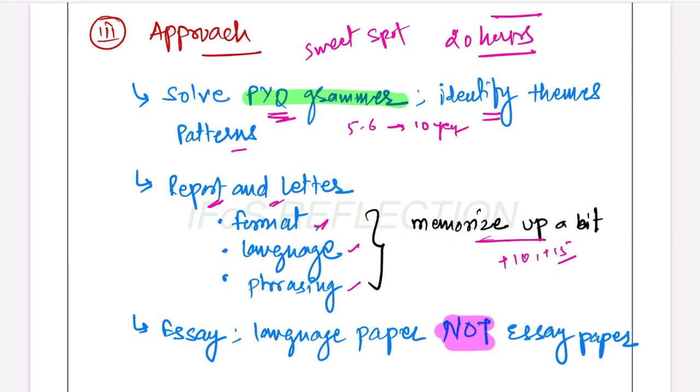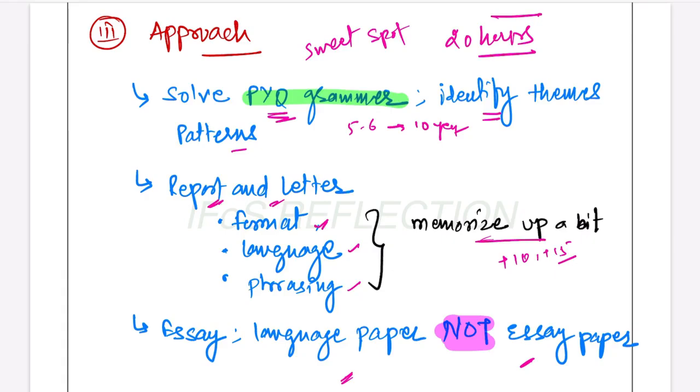That's it. Thirdly, essay. Again, like I have said, it is a language paper, not an essay paper. So focus on writing shorter sentences rather than focusing on ideas. Ensure that you are writing sentences short, crisp, in good grammar, with a specific language-centric approach, whereby you are giving correct punctuation, correct capitalization, correct use of adjectives, adverbs, etc. So this shift needs to be conscious.